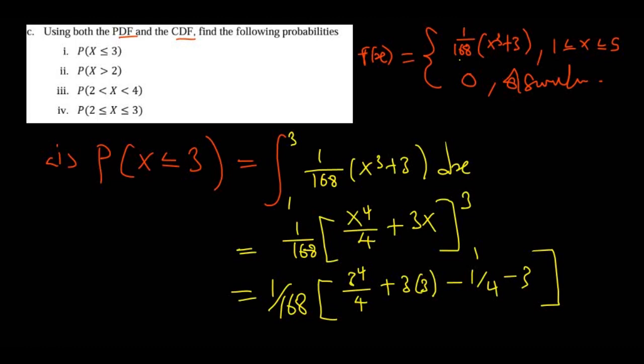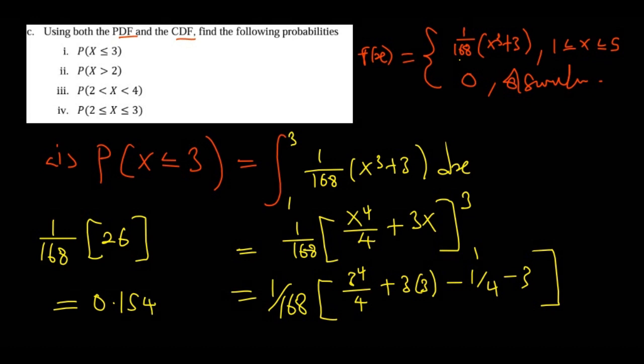So that will be 1 over 168 times 26. So 26 divided by 168, that is giving me a probability of 0.154761904. So this is the probability that x is less than or equal to 3. This method that we've used here is the PDF method of finding this probability.